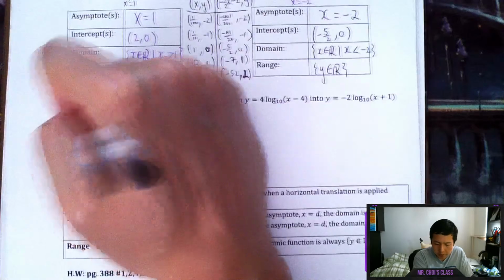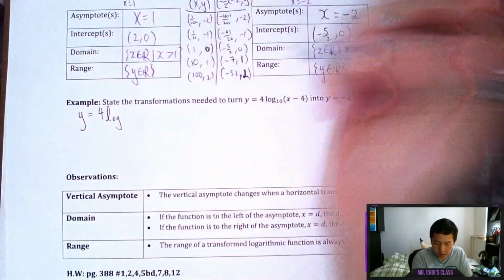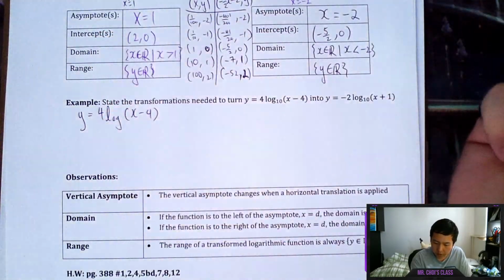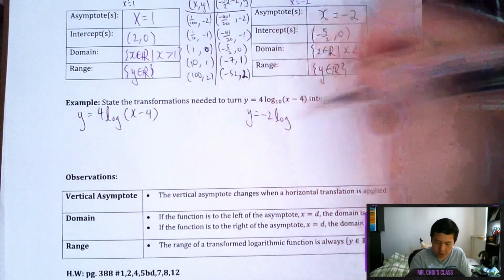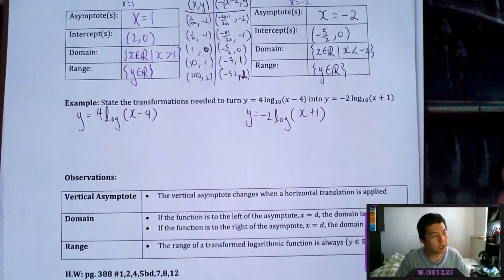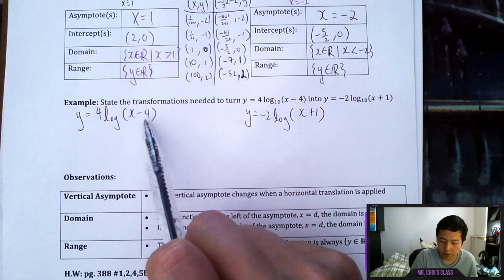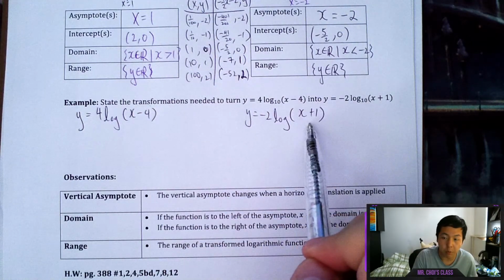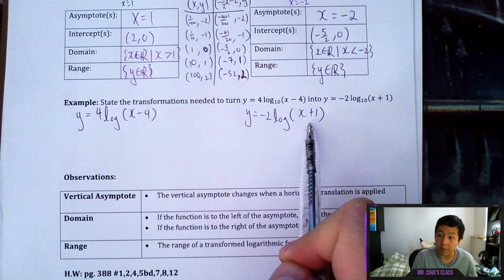Well, looking at our first function, let's copy it down. We have 4 log of x minus 4. And over here we have y equals negative 2 log of x plus 1. Let's start with the simple ones. Both of them have a horizontal shift. So going from a horizontal shift, this is a shift right by 4 and this is a shift left by 1, which means we have to shift left 5 units.